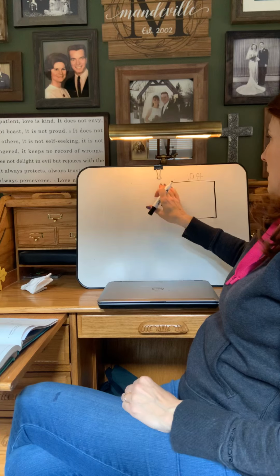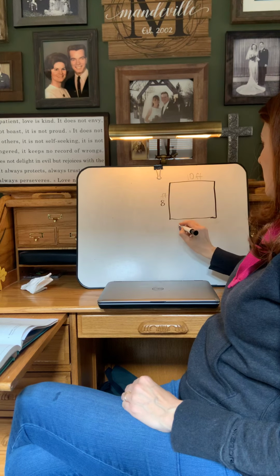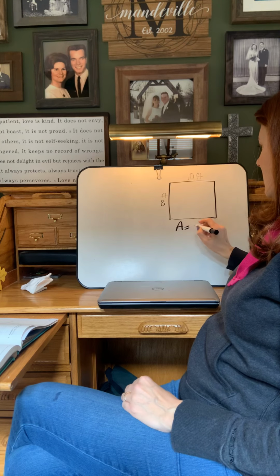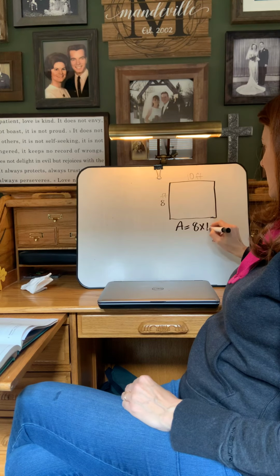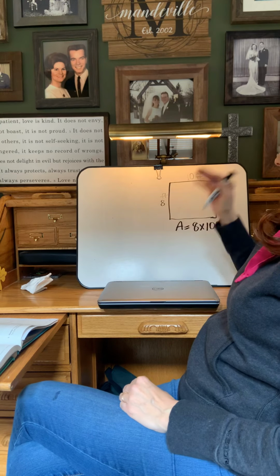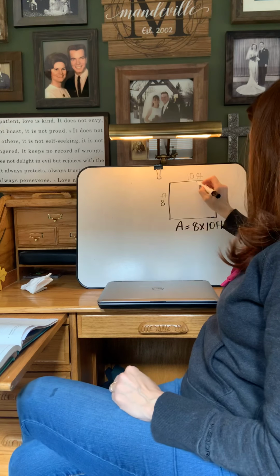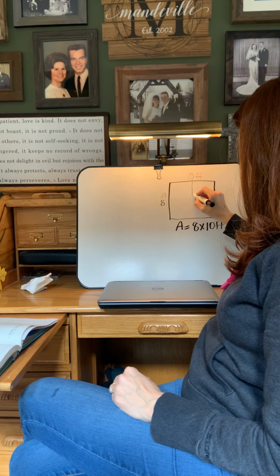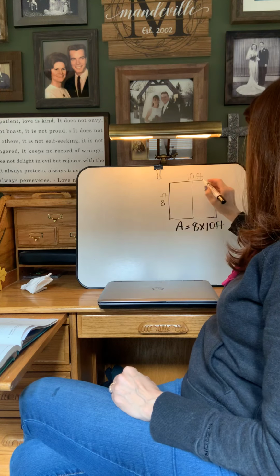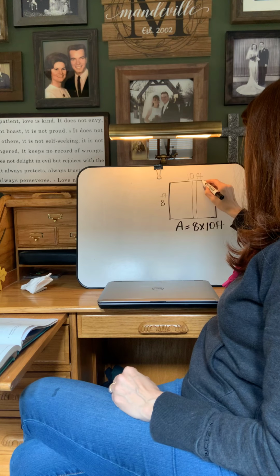So we'd be talking about 8 this way, 10 this way. 8 feet, 10 feet. And you remember why, right? Because our 10 would get divided, and then this would be divided into 5 feet here.